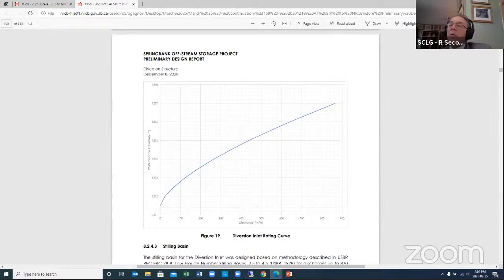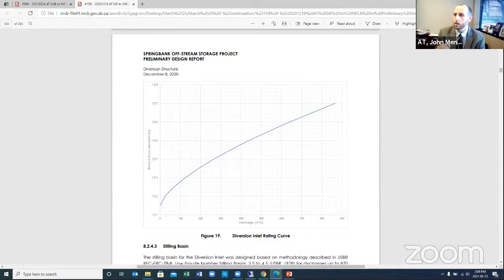And what happens to the water then that is above the 1215.8? There is no water. We're not raising the water above 1215.8. We're setting it.